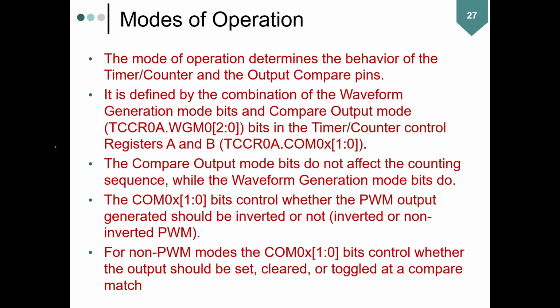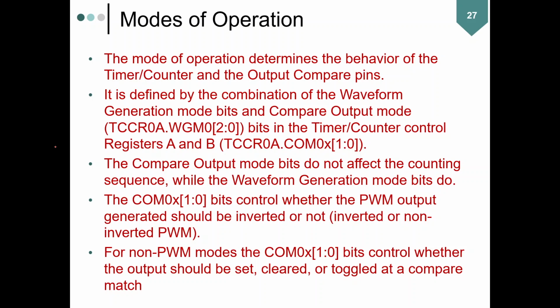Let's now talk about modes of operation, which is going to conclude this lecture. First is the normal mode, in which you count from 0 up to a maximum value, or from a maximum value to the bottom value, and that's how the timer works.